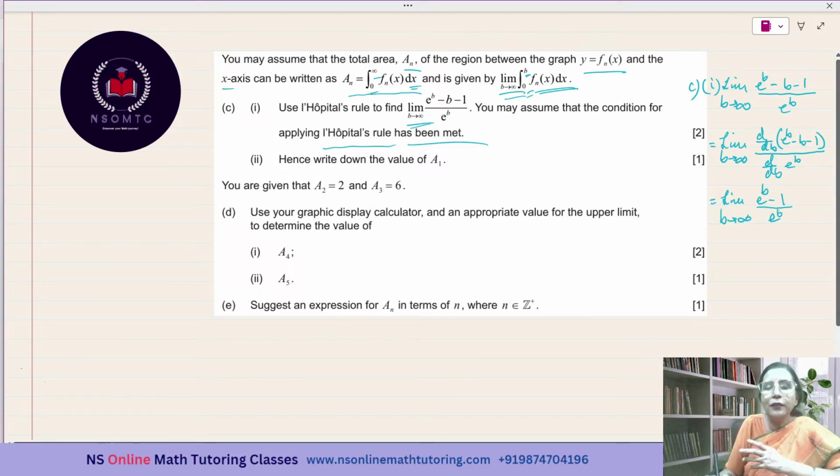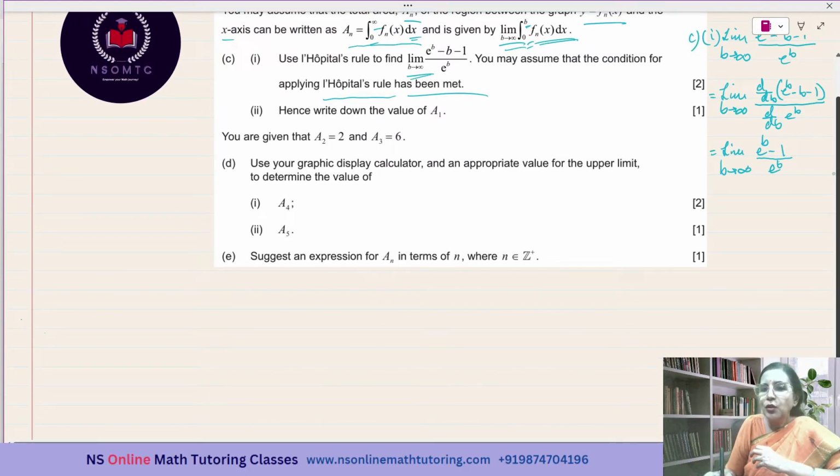Again, you are having infinity over infinity case, so again we will be differentiating e to the power of b minus 1 over this.